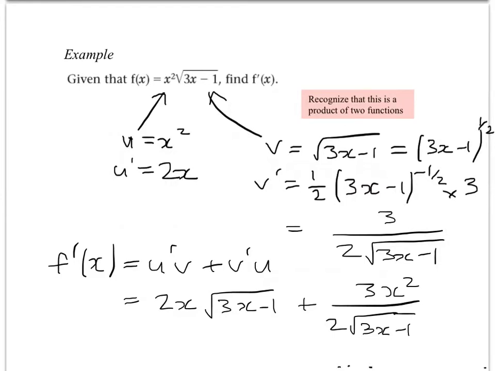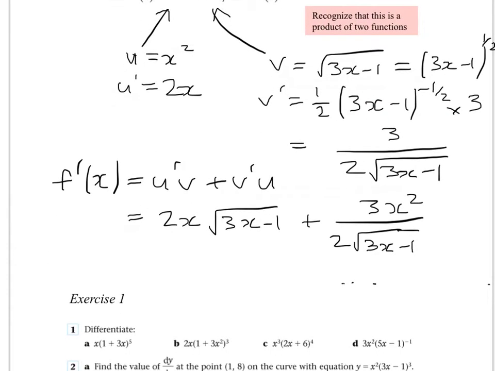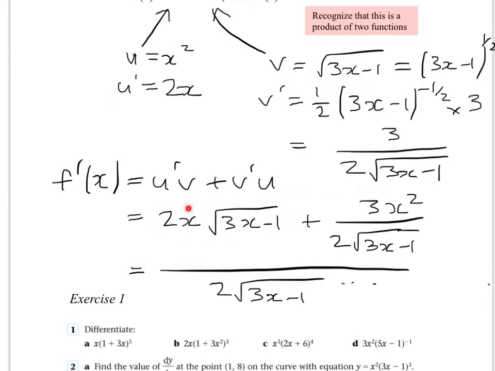Now we could tidy that up, and you may see this from time to time, answers that look different to that. So I'll show you how to do that in this case. If you make a common denominator here of 2 root 3x minus 1, and the top line now, we'd have to multiply this top line here by 2 root 3x minus 1. So doing that gives us 4x times 3x minus 1 plus 3x squared.